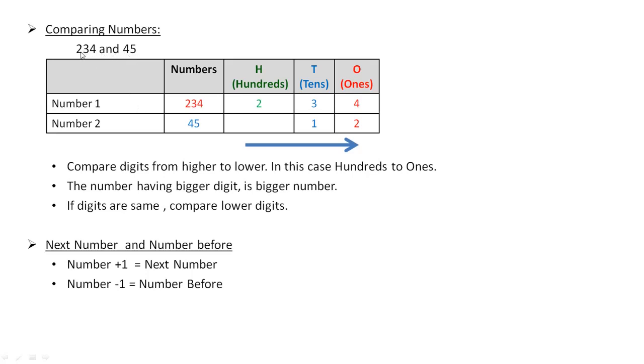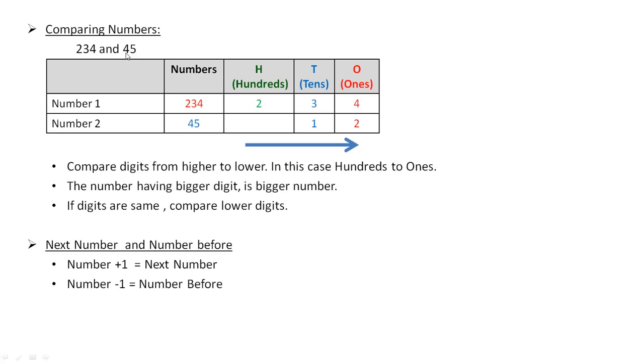This is 234. So, ones, tens and hundreds. 4 is ones, 3 is tens and 2 is hundred. 45. 5 is in ones place, 4 is in tens place.